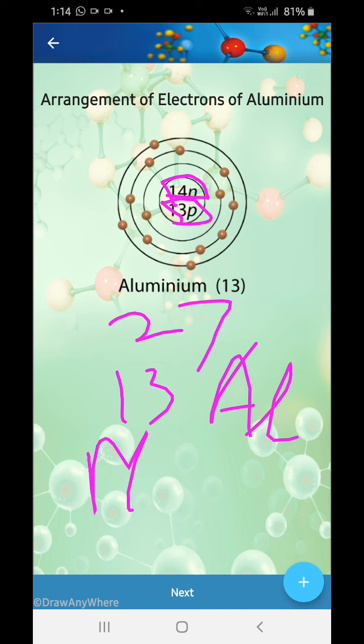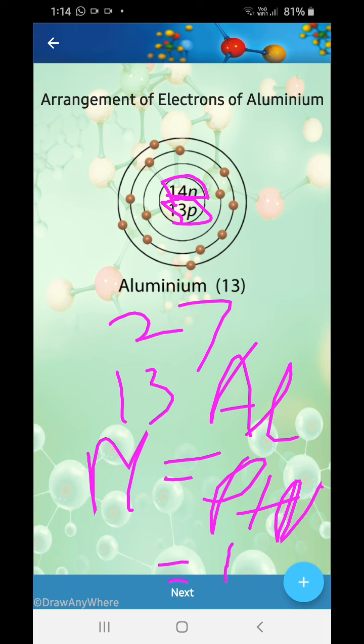What is the mass number? Sum of protons and neutrons. If mass number is 27 and you know the atomic number is the number of protons, you take it as 13 plus neutrons, do the equation, and you find 14 neutrons.